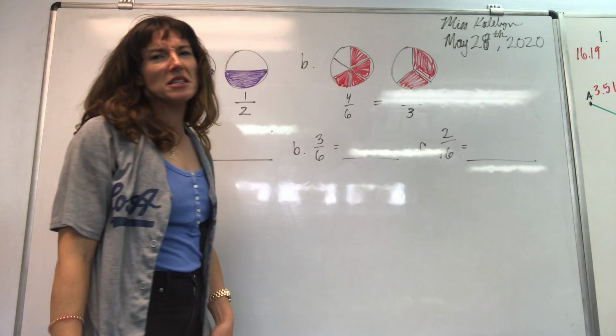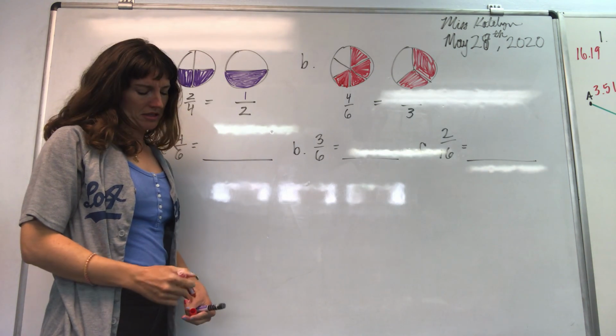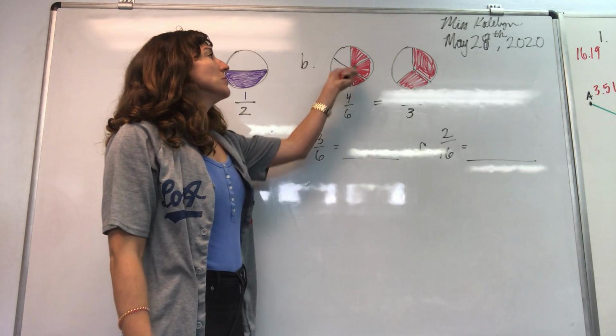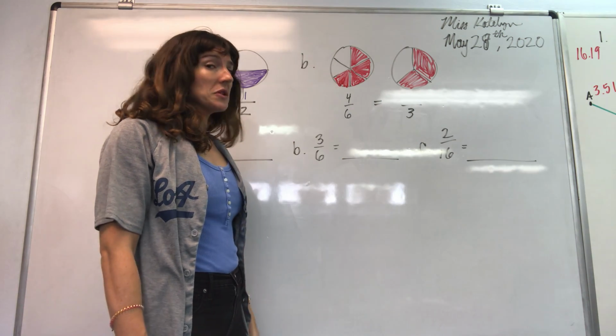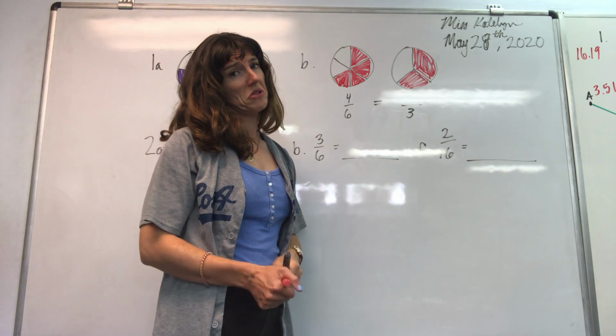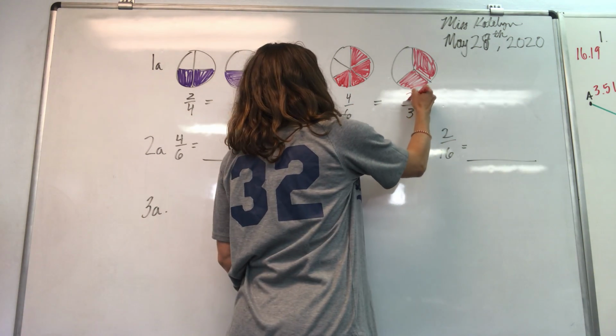Kind of looks the same, doesn't it? Because it is the same. It just has a different name. And so 1, 2, 3, 4 is the 4 on top. And so we count the colored parts too. We go 1, 2, and that's the number on top. Okay.